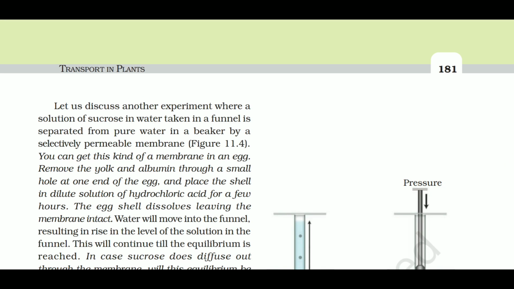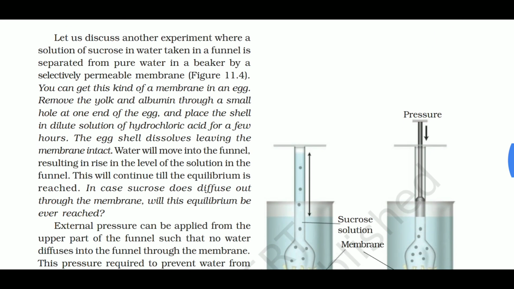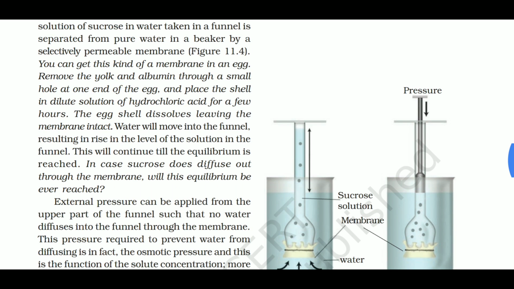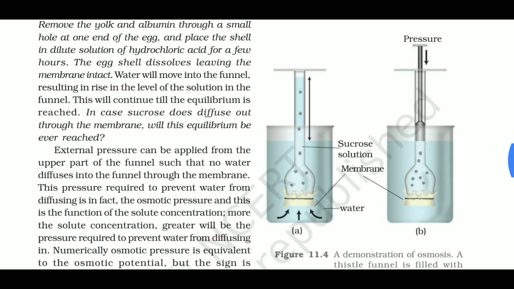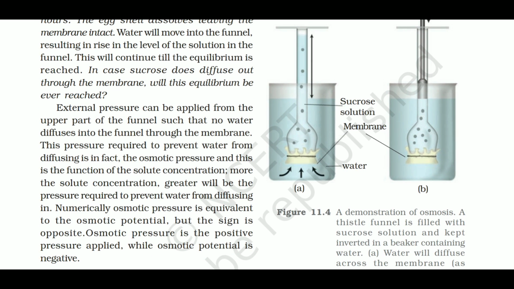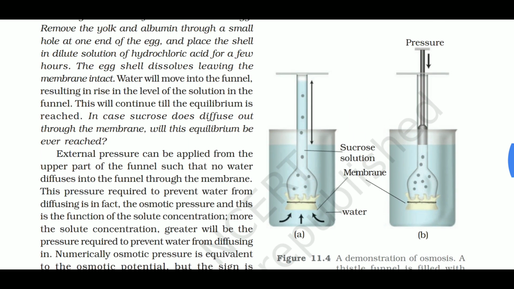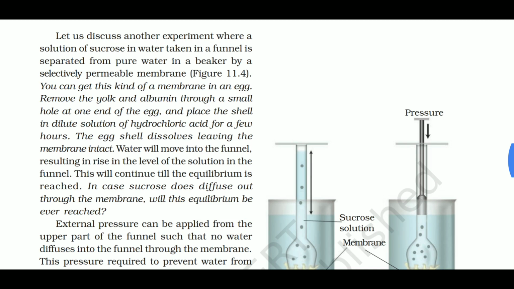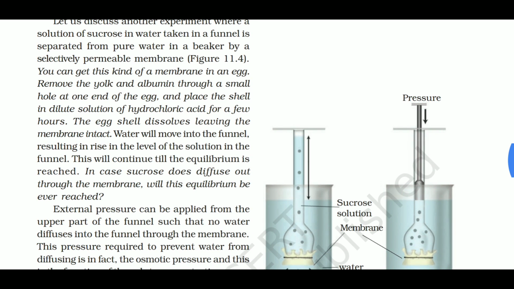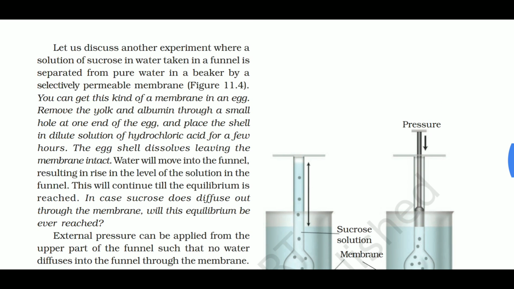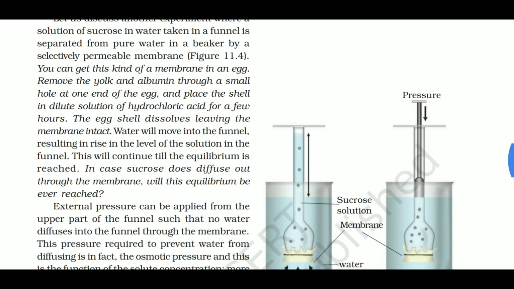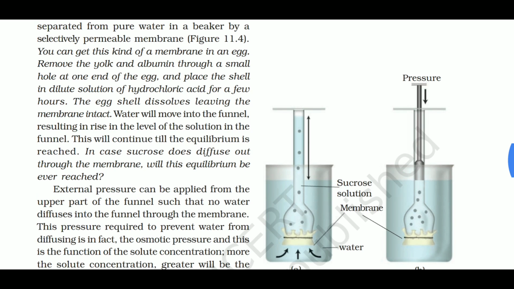Let's continue the discussion. Let us discuss another experiment, a demonstration of osmosis, where a solution of sucrose in water is taken in a funnel. The sucrose solution in the funnel is separated from pure water in a beaker by a semi-permeable membrane.